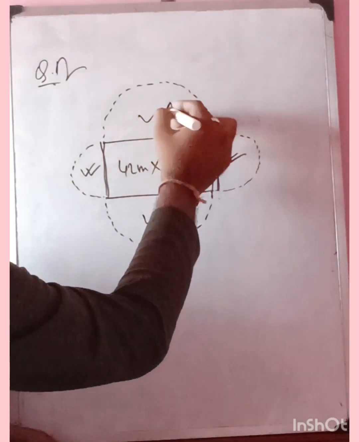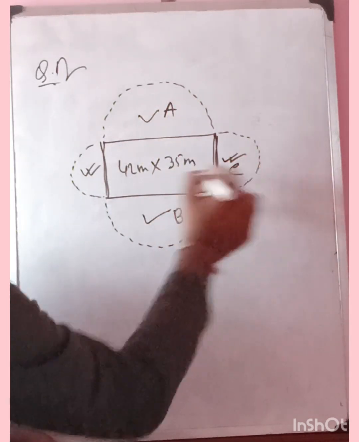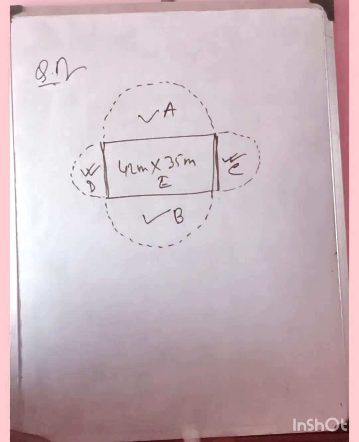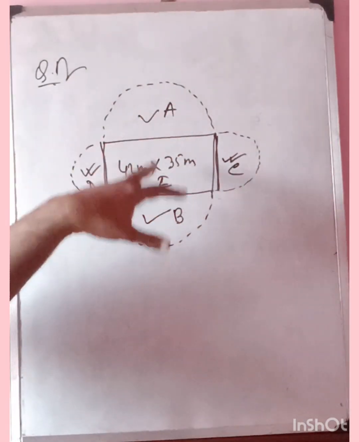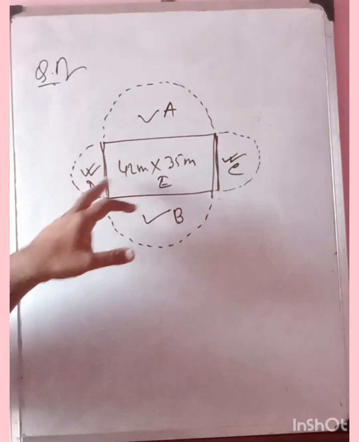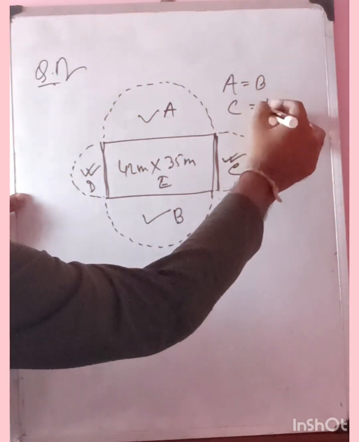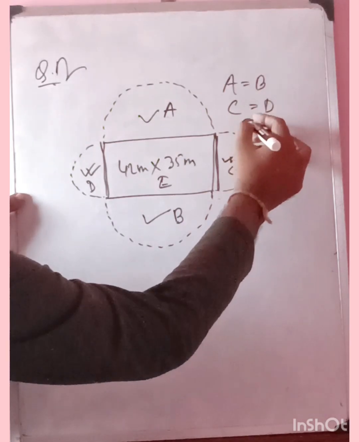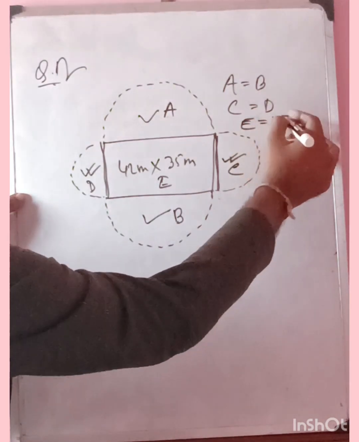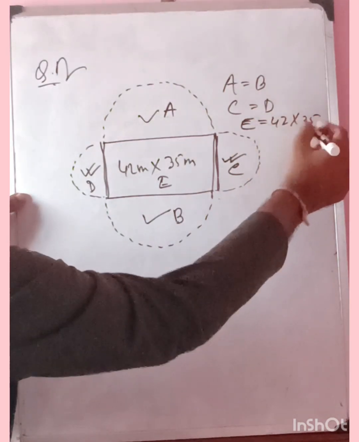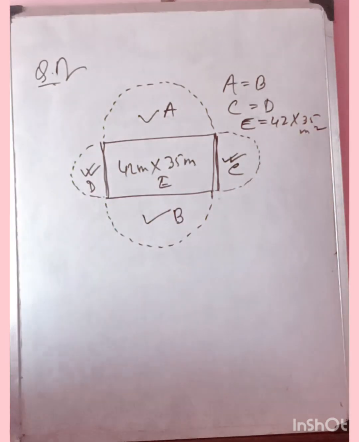So, if this is A, B, C, D, E, we are dividing the area into 5 segments: A, B, C, D, E. A equals to B, C equals to D, E is nothing but the area of the rectangle, that is 42 into 35 meter square.